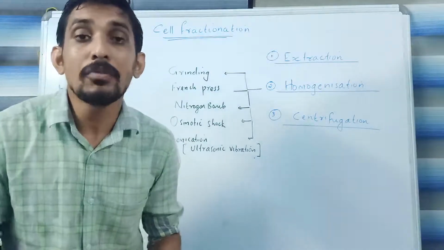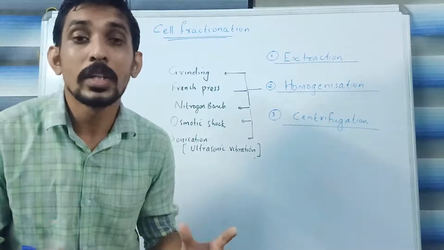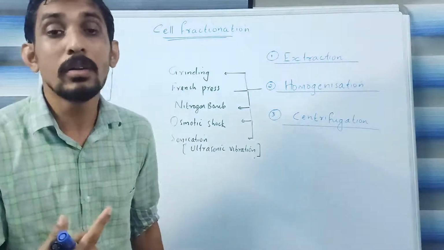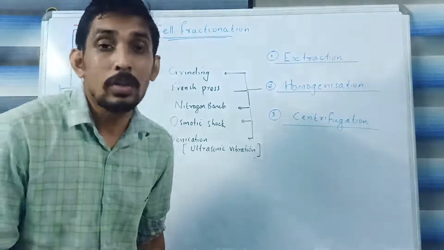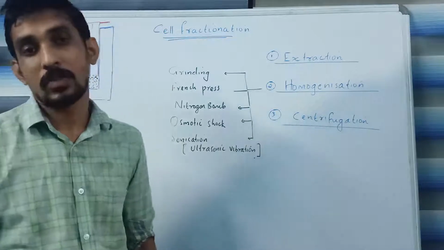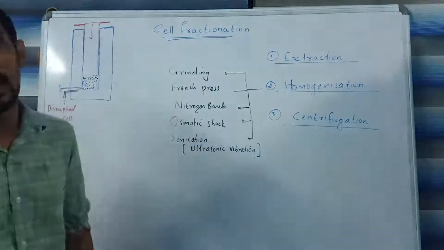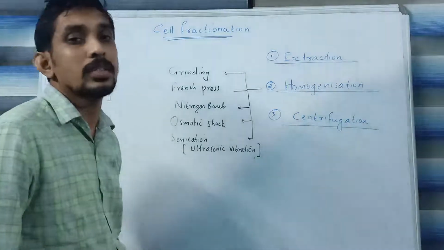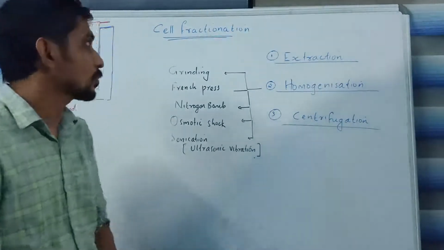After that, the homogenized solution undergoes centrifugation in order to separate different kinds of cell organelles. That is the process working behind cell fractionation.